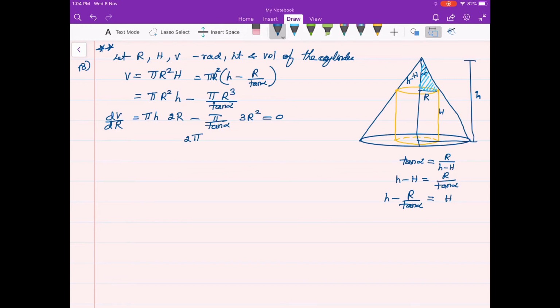2 pi h r is equal to 3 pi by tan alpha times r square. Therefore, capital R is 2 by 3 h tan alpha.